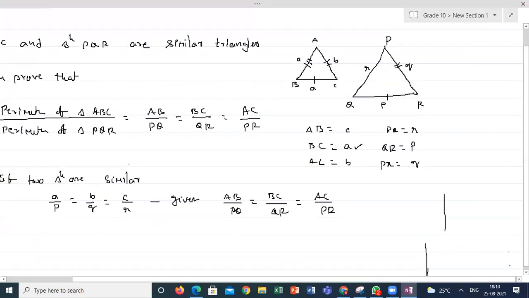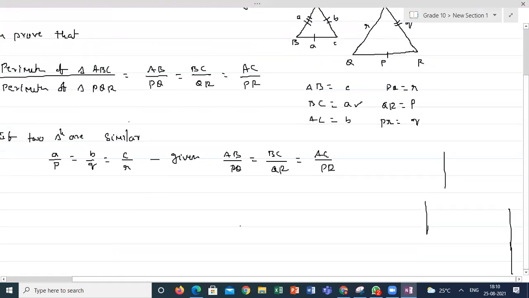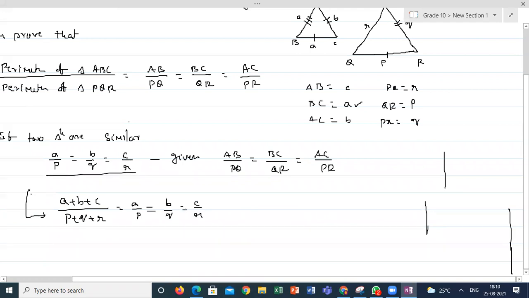What is meant by perimeters, guys? A plus B plus C divided by P plus Q plus R will be equal to A by P, which is equal to B by Q, which is equal to C by R. This is given. I have to prove this one.